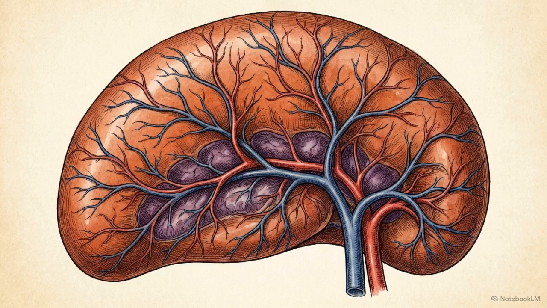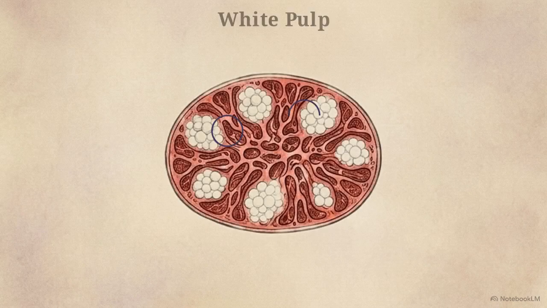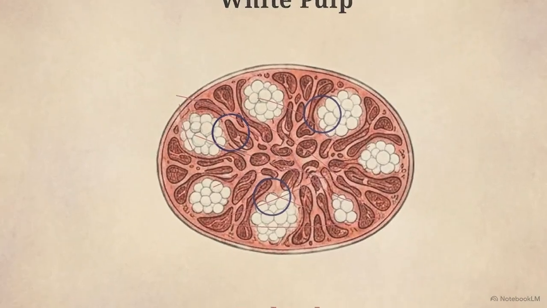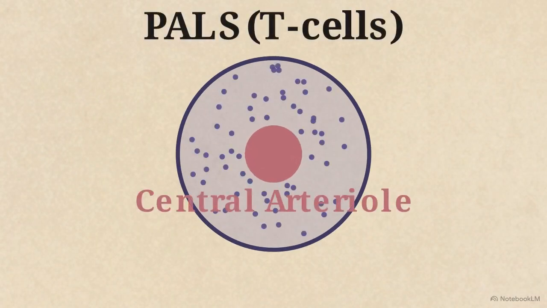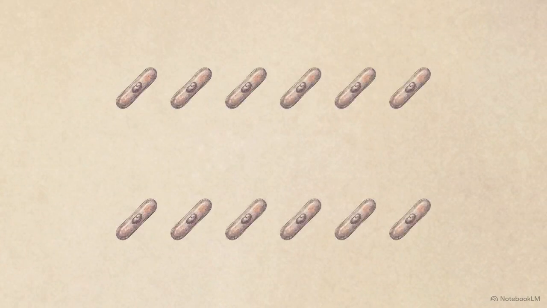While lymph nodes filter interstitial fluid, the spleen provides systemic filtration for the entire blood supply. The spleen is divided into immune-rich white pulp and highly vascular red pulp. White pulp features periarteriolar lymphoid sheaths, cylinders of T cells surrounding a central arteriole to sample blood-borne antigens.